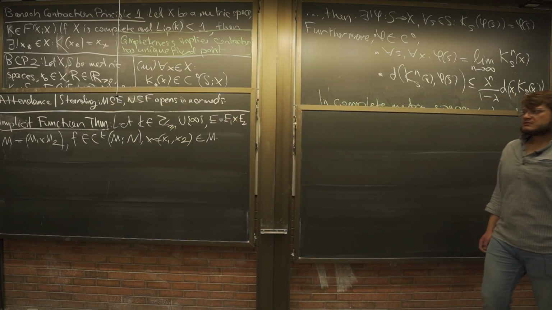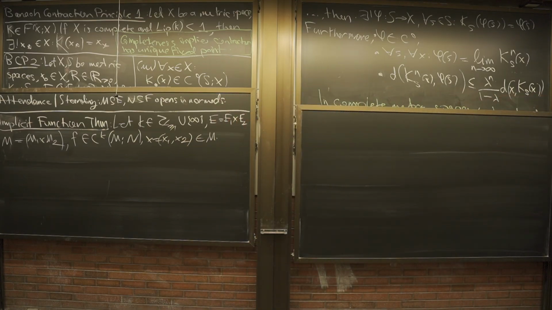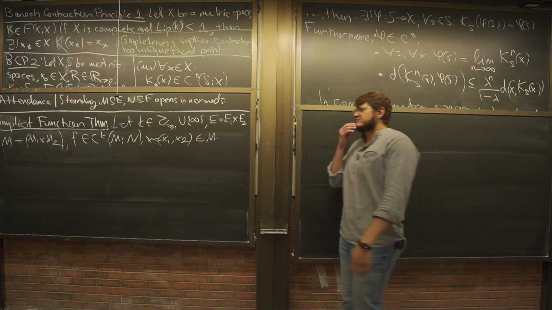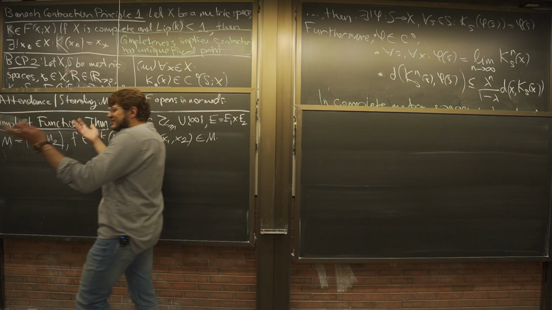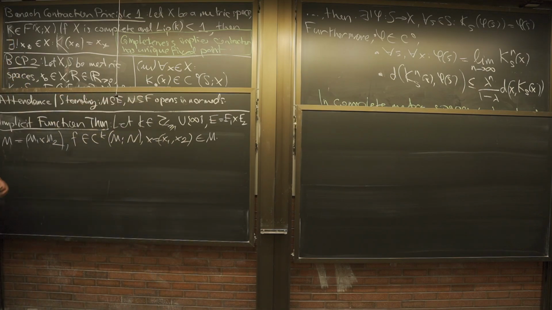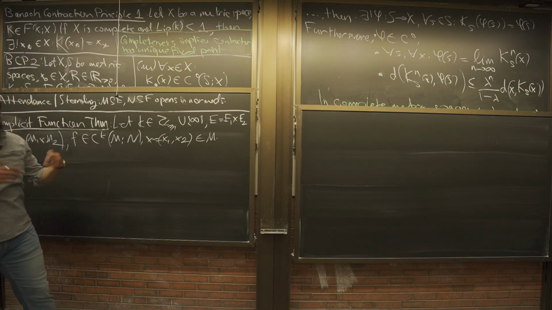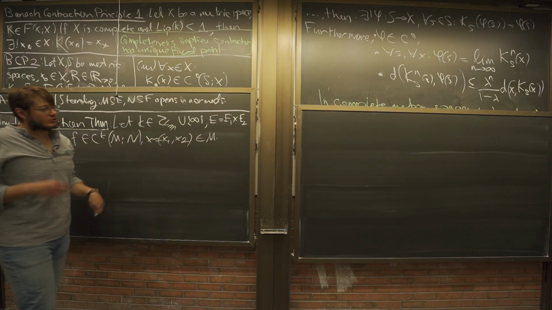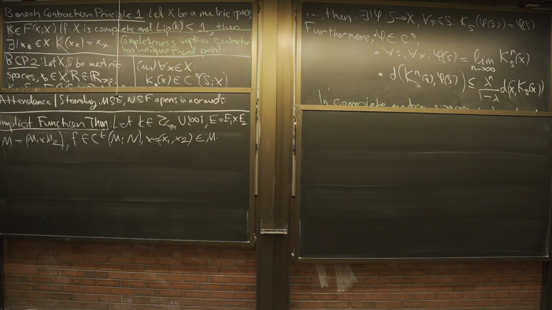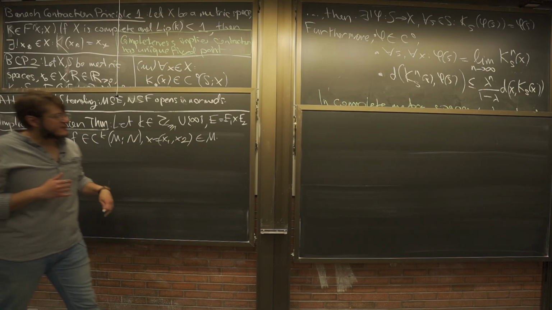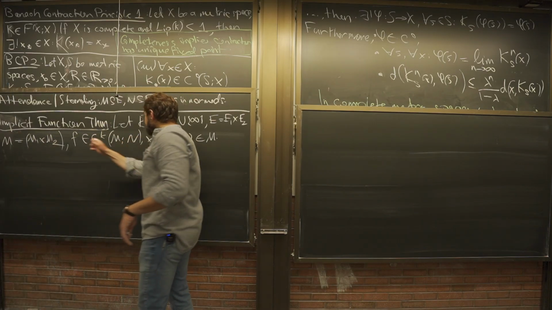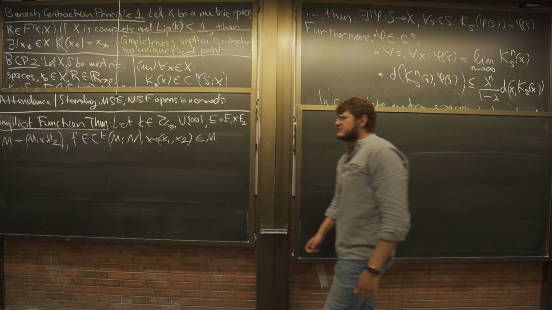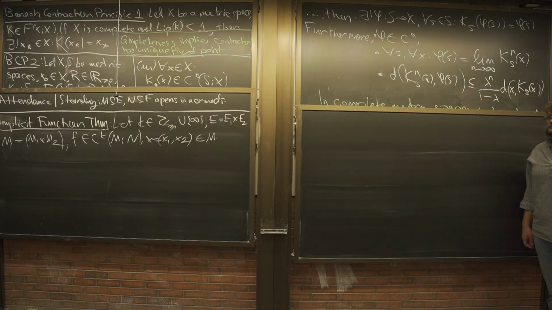If E and F are complete, and remember this is the point of Banach spaces, Banach basically proved this in his PhD thesis, and he was interested in using this in the context of normed vector spaces. That's why Banach spaces are called Banach now. So if E and F are complete, and furthermore, the second partial of this function, D2F at x, is invertible, right?